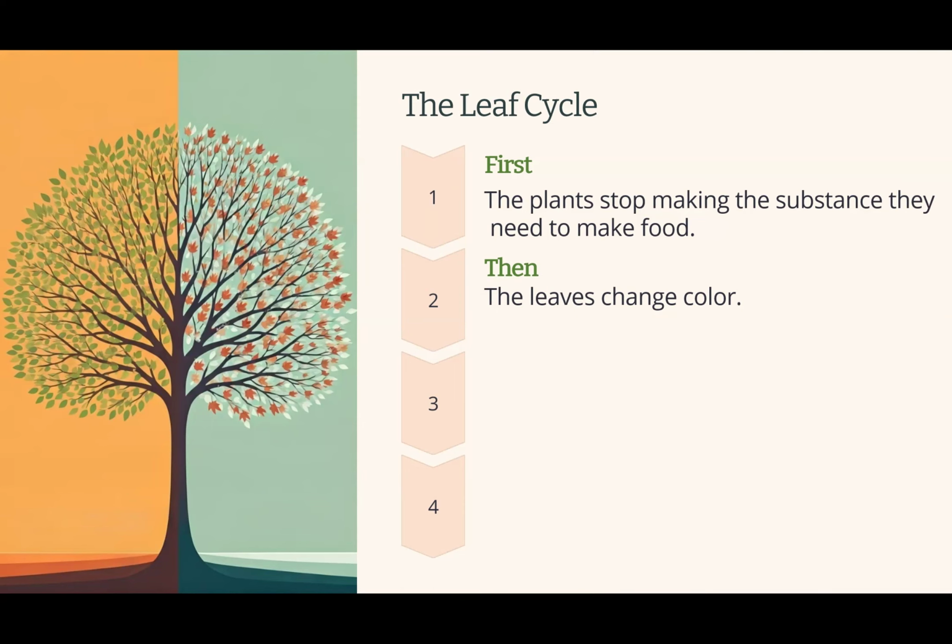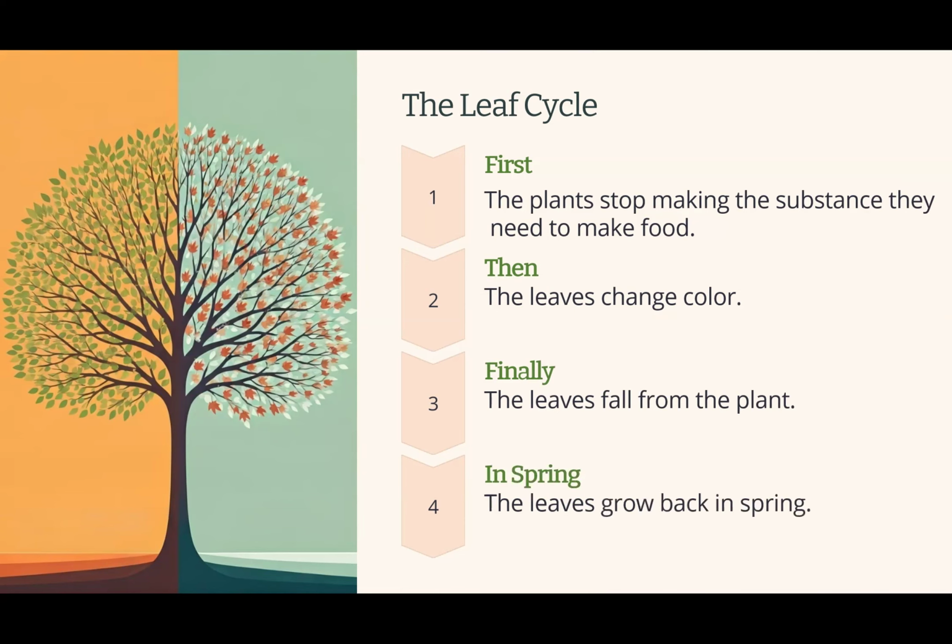When they stop making this green substance, the leaves change color. After that, the leaves fall from the plant. But in spring, the leaves grow back. So the trees can have leaves again when they get the right conditions.